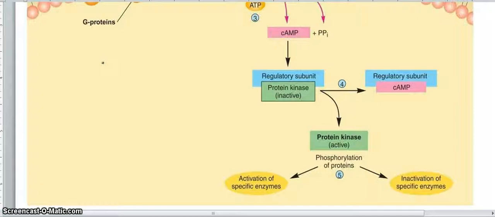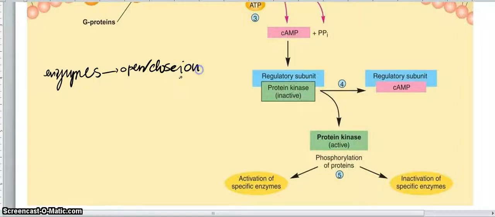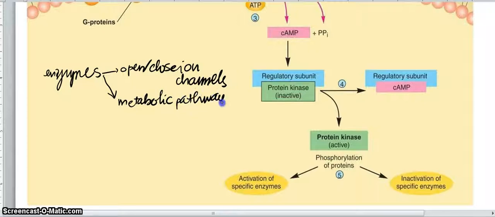Now, these enzymes can do three things to bring about the response. So, let's see. They can open or close ion channels, or they can activate certain metabolic pathways because they're enzymes, right?